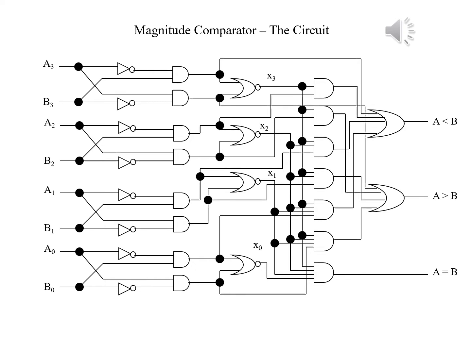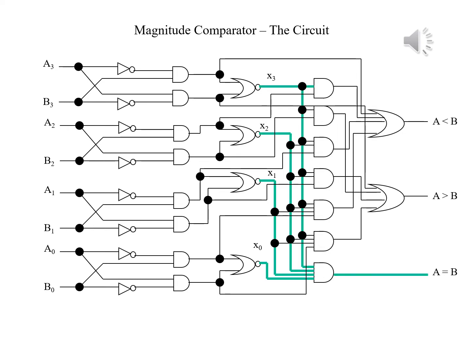Now, these all go out to a NOR gate, so that from this we're getting x3, x2, x1, x0. The NOR gate, rather than giving us A3 XOR B3, will give us whether or not the two values match. And how we use them you'll see in the upcoming slides.